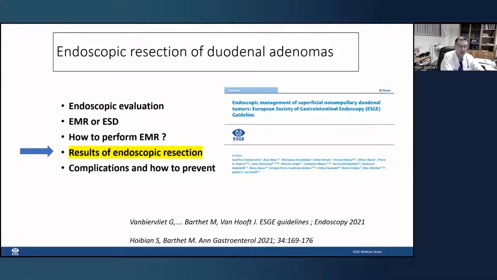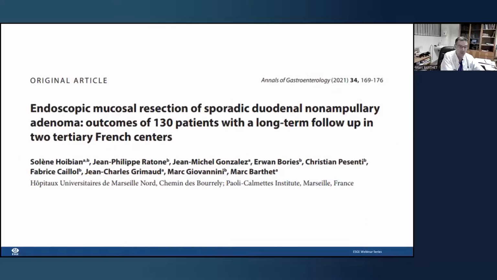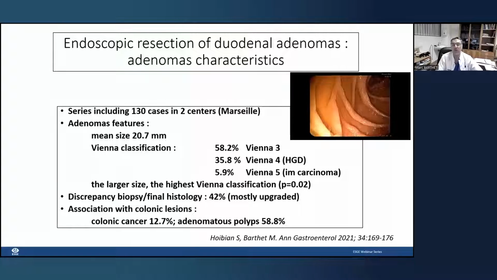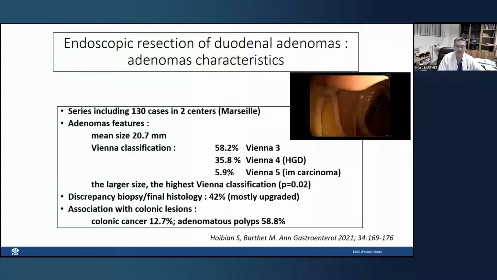Okay, so we included 130 patients in 2 French centers located in Marseille, because a part of France is Marseille. And so I worked a lot with Marc Giovannini, and we put together our cases.